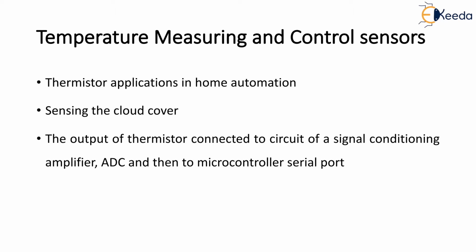So here, the temperature sensor. The temperature measuring and control sensors. Thermistor. Here the component called a thermistor shows larger changes in resistance within a narrow environment temperature range, that is 120 degrees to minus 90 degrees Celsius. The thermistor is used in home automation in sensing the cloud cover, and its output is connected to the circuit of a signal conditioning amplifier, then ADC, analog to digital conversion, and then the microcontroller serial port.